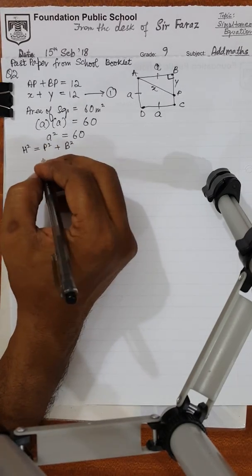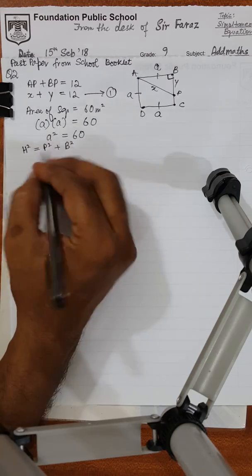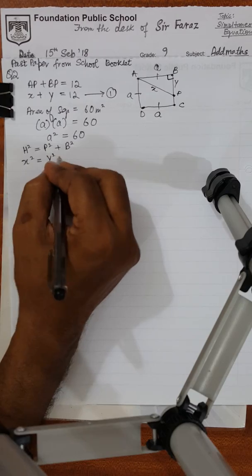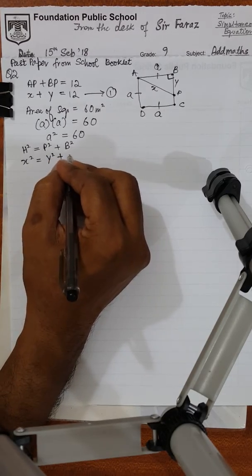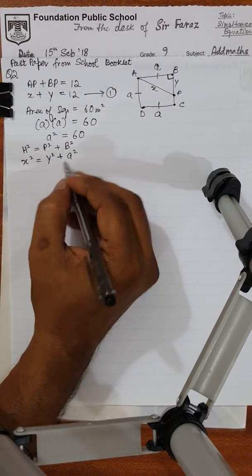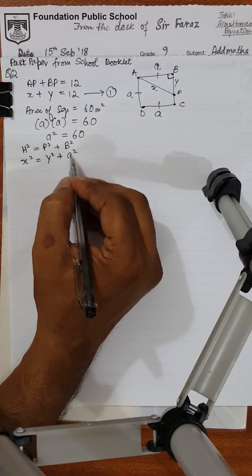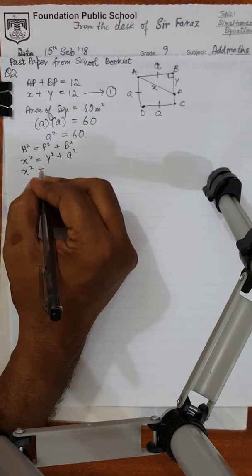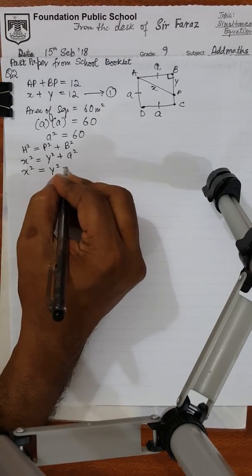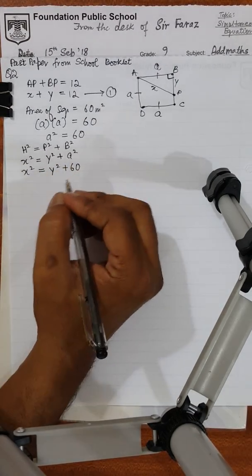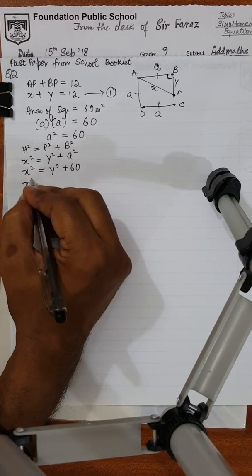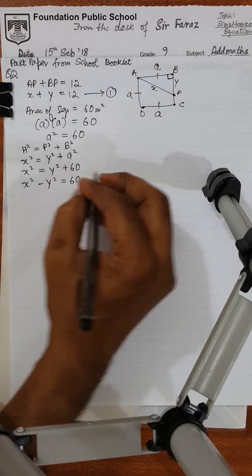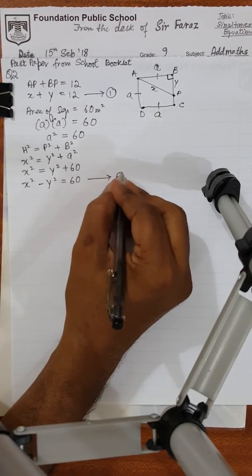Let's put in these values: the hypotenuse is x square, perpendicular is y square, and the base is a square. We have just calculated a square as 60. Let's substitute it here. x square equals y square plus 60. So x square minus y square equals 60, I can name it as equation number 2.